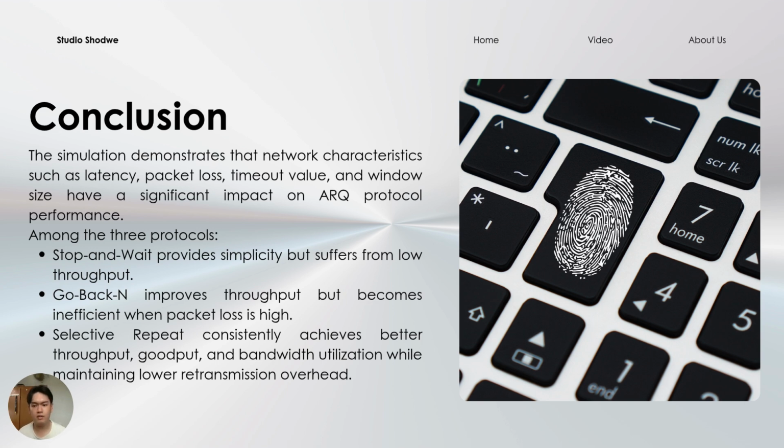Among the three protocols, stop and wait provides simplicity but suffers from low throughput. Go back N improves throughput but becomes inefficient when packet loss is high. Selective repeat consistently achieves better throughput, goodput, and bandwidth utilization while maintaining lower retransmission overhead. Based on our analysis, selective repeat is the most suitable protocol for reliable communication across heterogeneous network environments compared to stop and wait and go back N.